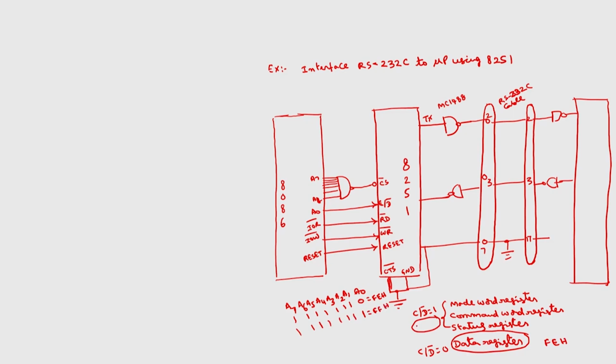Regardless of these 3 registers, the port address is FFH. So the addresses of the mode word, command word and status registers are the same, and the data register is different.